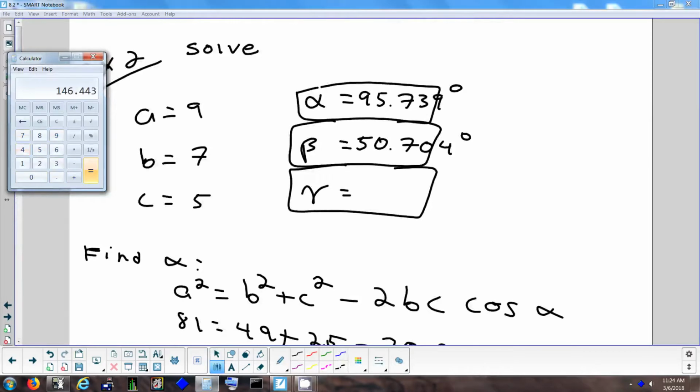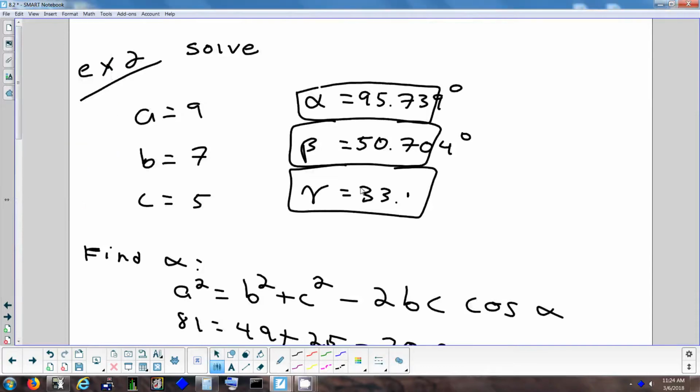Okay, 146, and then subtract that from 180. 33.557. Okay, looks like the biggest angle is with the biggest side. Smallest angle, smallest side. Seems like we're on track. Any question on that one?